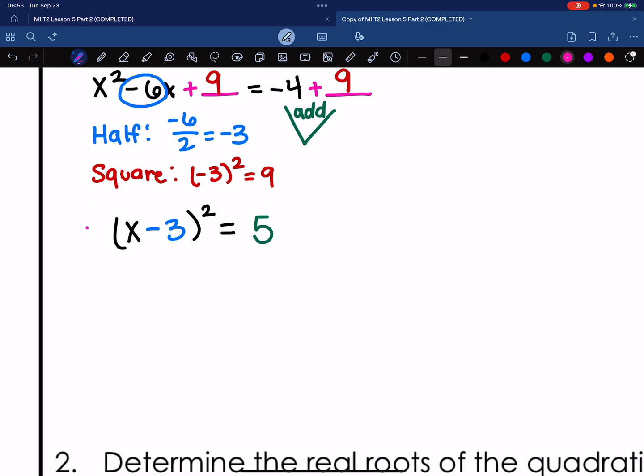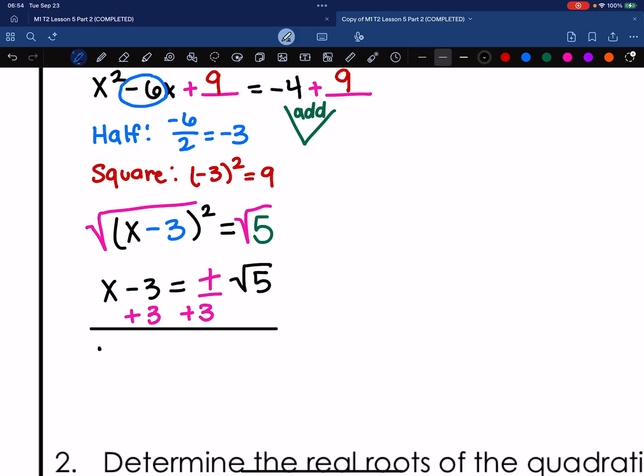So to solve, we would take the square root of both sides. And so that would give us x minus 3 is equal to plus or minus the square root of 5. From here, to solve for x, we would add 3 to both sides. And we would get x is equal to 3 plus or minus the square root of 5.